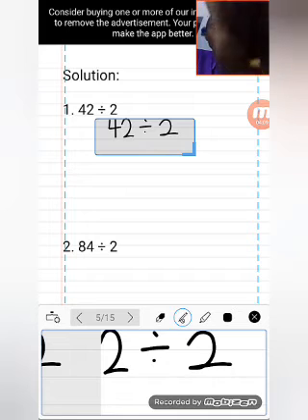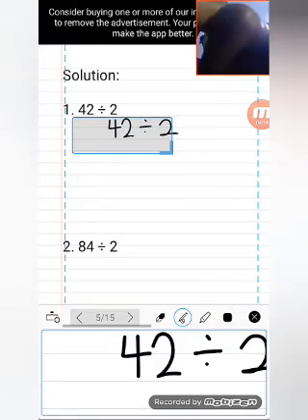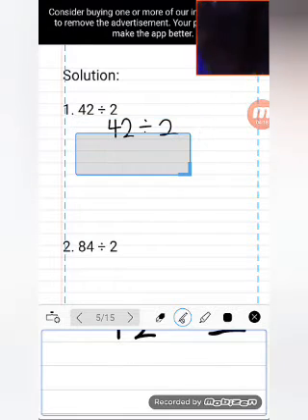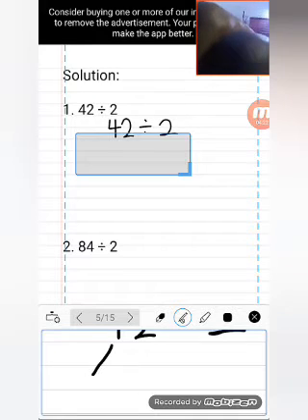Remember, when we are dividing this 42, let's make this bigger. Now let's divide the tens first, which is the 4.